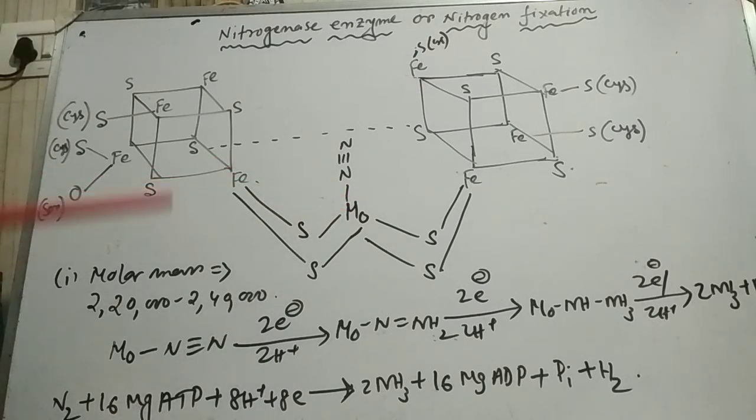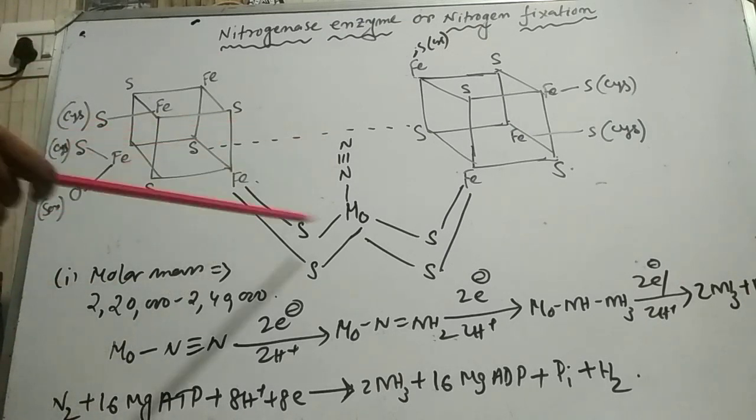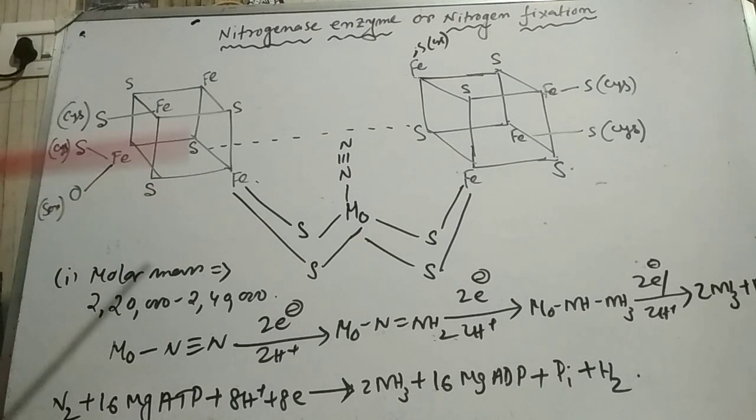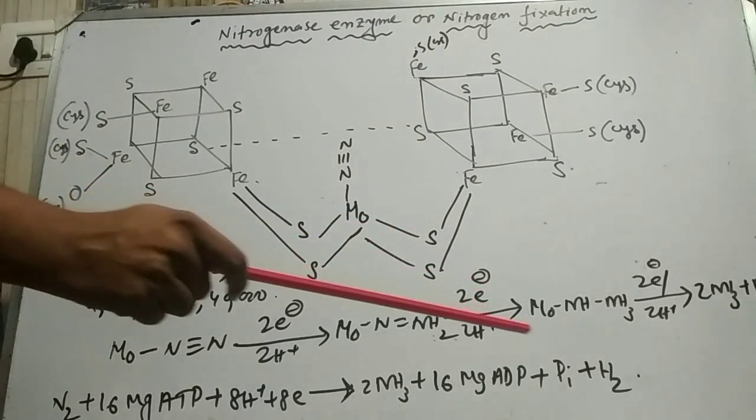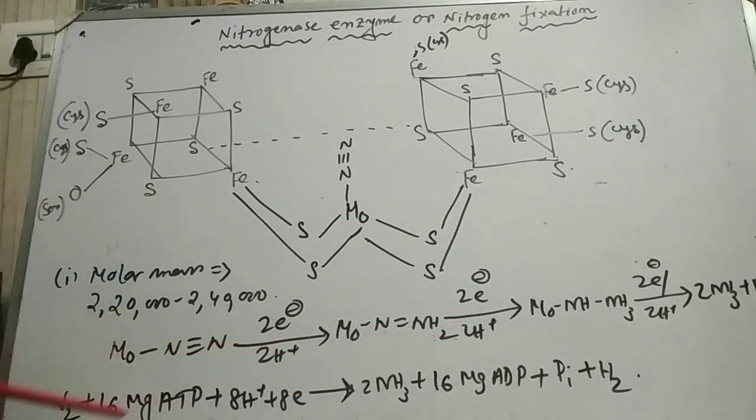The nitrogenase enzyme, here molybdenum nitrogenase, in various bacteria catalyzes the activation and reduction of nitrogen, that is dinitrogen, to ammonia according to the equation.